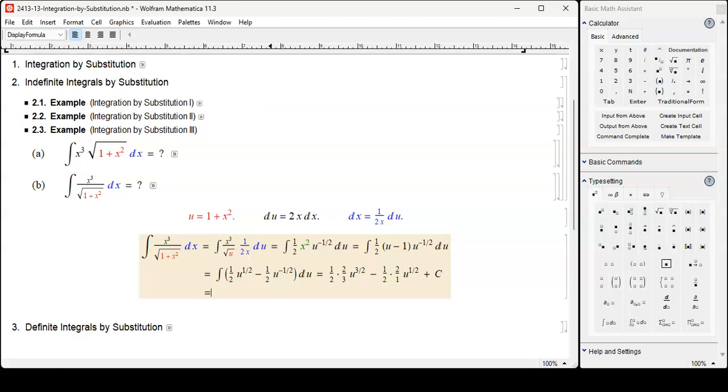All done except the final substitution. So u is 1 plus x squared. So this one, let's see, 1/2, 2/3, so 1/3, 1 plus x squared, 3/2 power. And then 1/2 times u, so you have just 1. That's going to complete the problem.